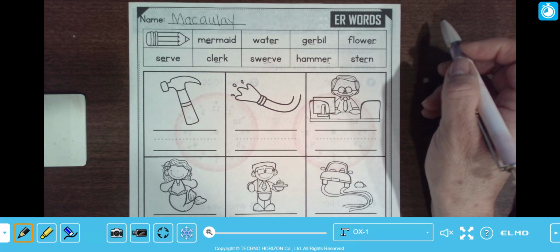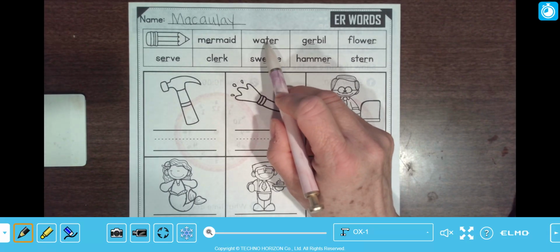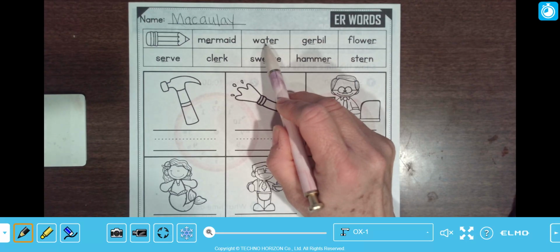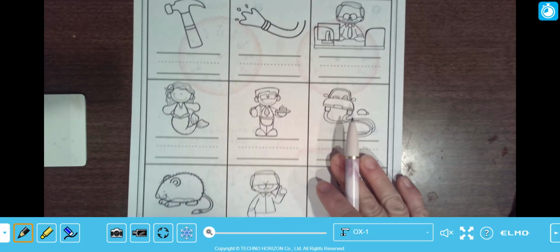Water. If you notice, the A doesn't have an A sound. Sometimes the A will have an A sound. Water. Okay, so let's find the picture that goes with water.